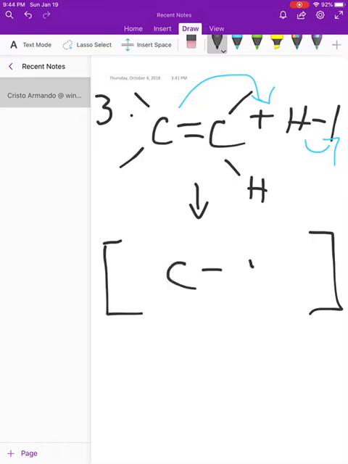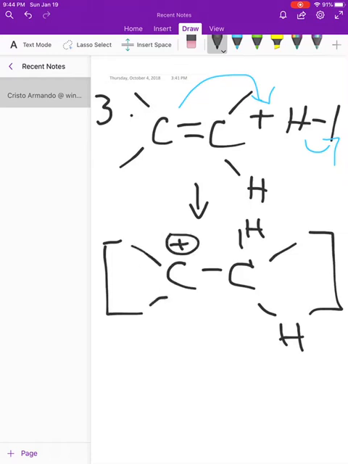So our intermediate looks something like this. We have this positive, and then the iodine is going to attack this carbon.